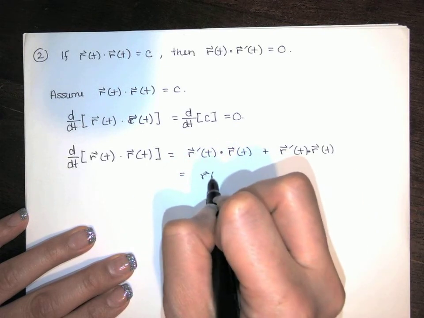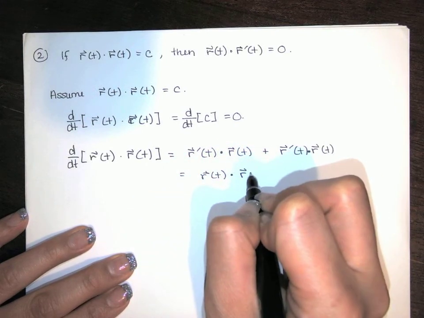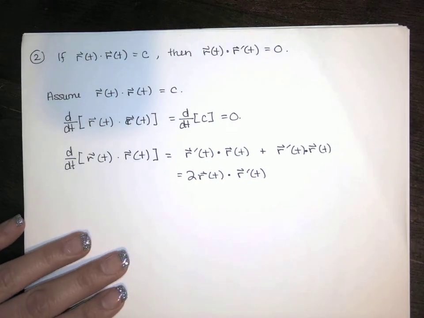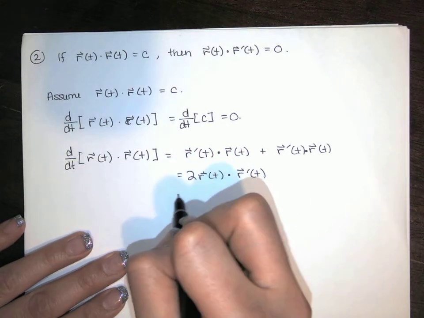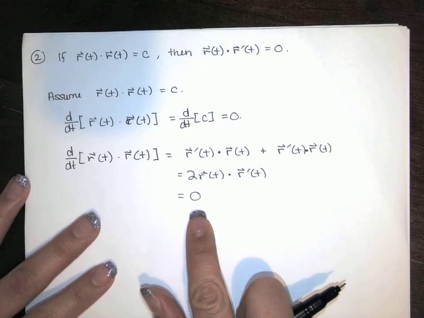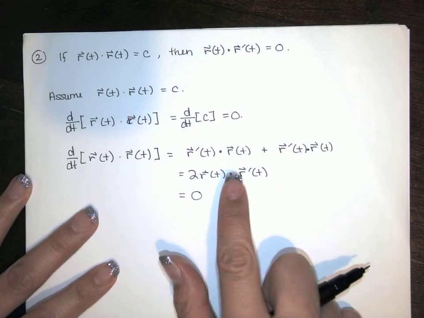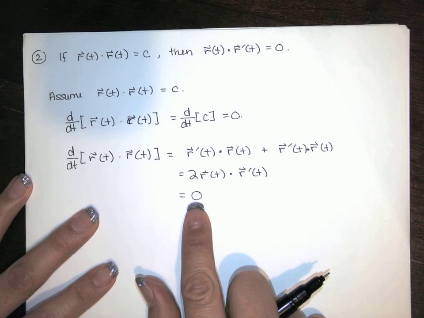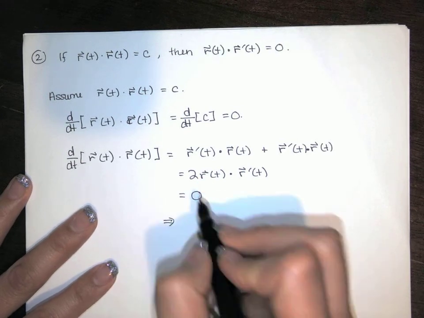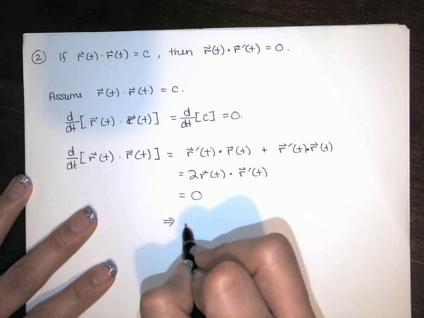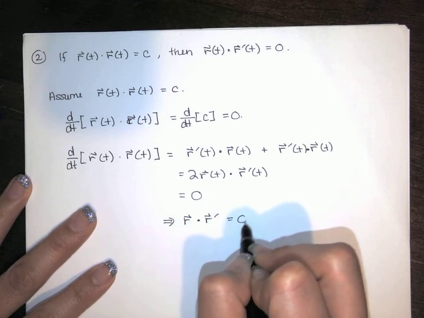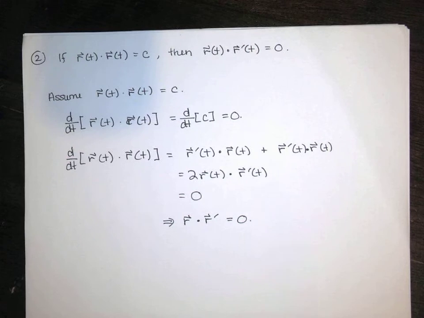I'm going to put r first. So I've got 2 of those. And this has to be 0. Well, I've got the dot product of 2 vectors, and I multiply by 2. The only way that's 0 is if that dot product is 0. And that's what we were trying to prove.